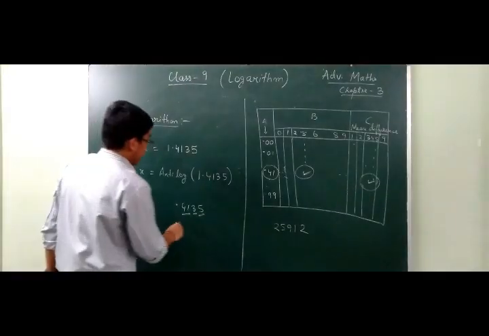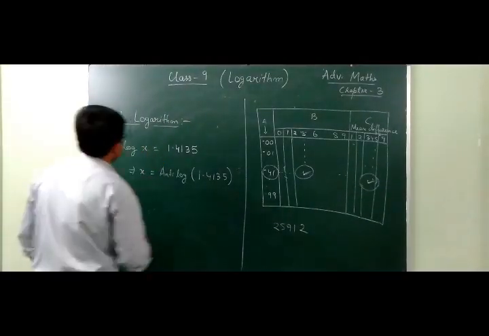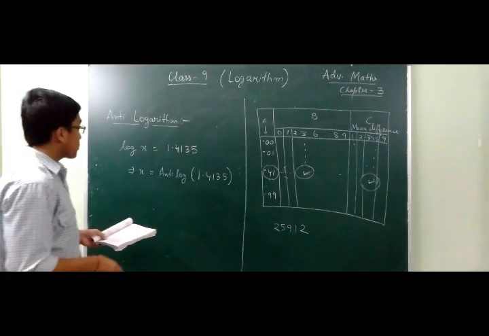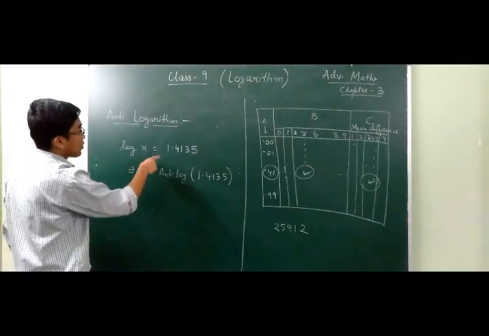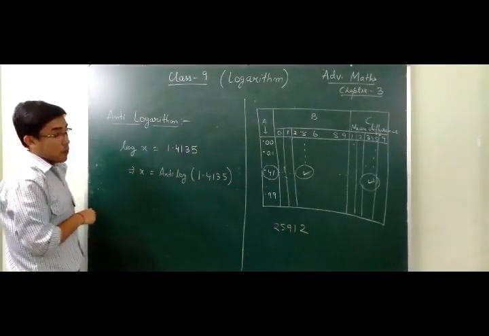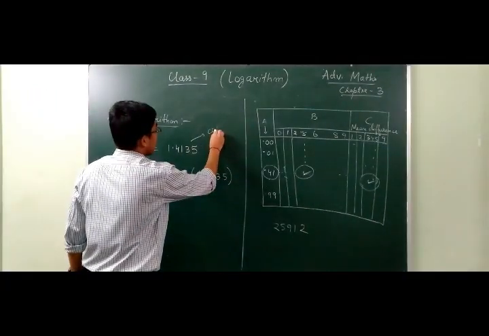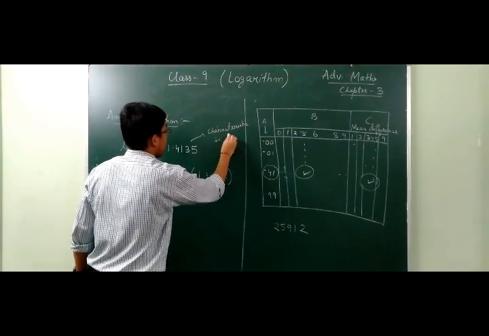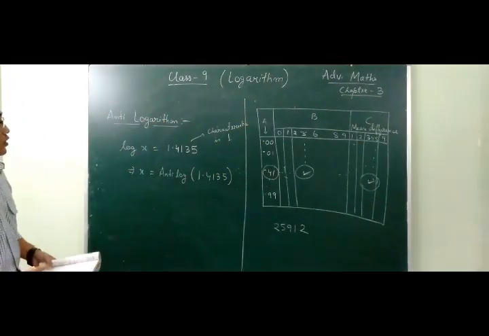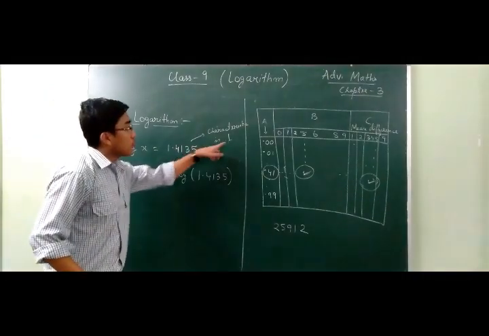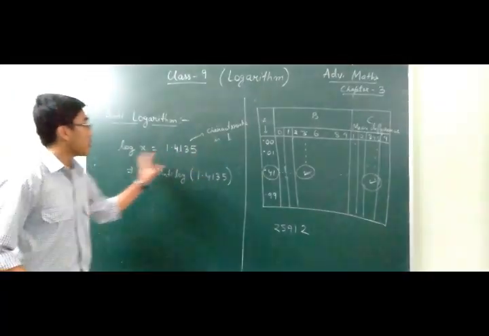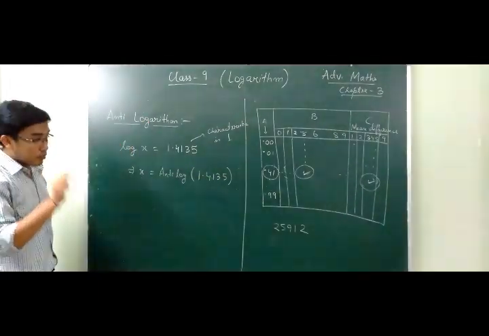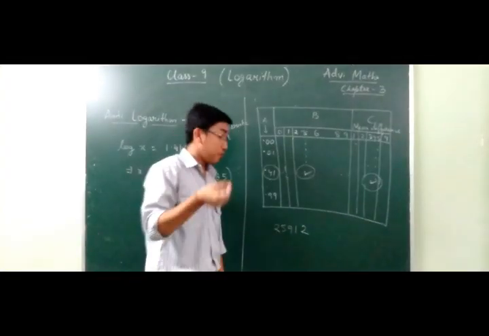Now next, okay, the next question is, from here it is very easy to see that the characteristic of this number is 1. So since the characteristic is 1, there is a rule we have defined, that the characteristic is 1 less than the number of digits that appear before the decimal point.